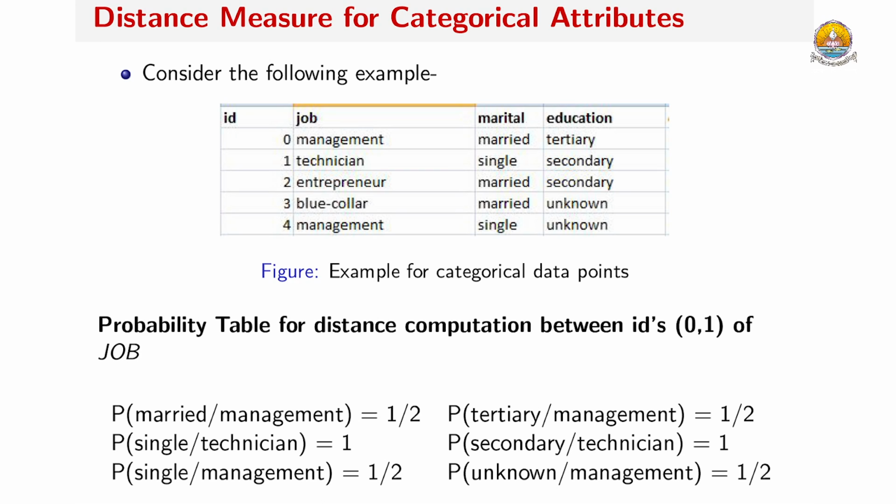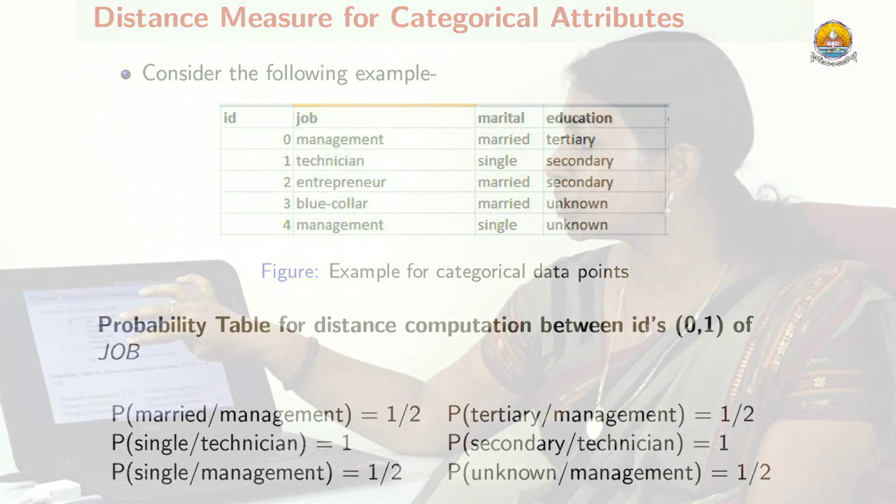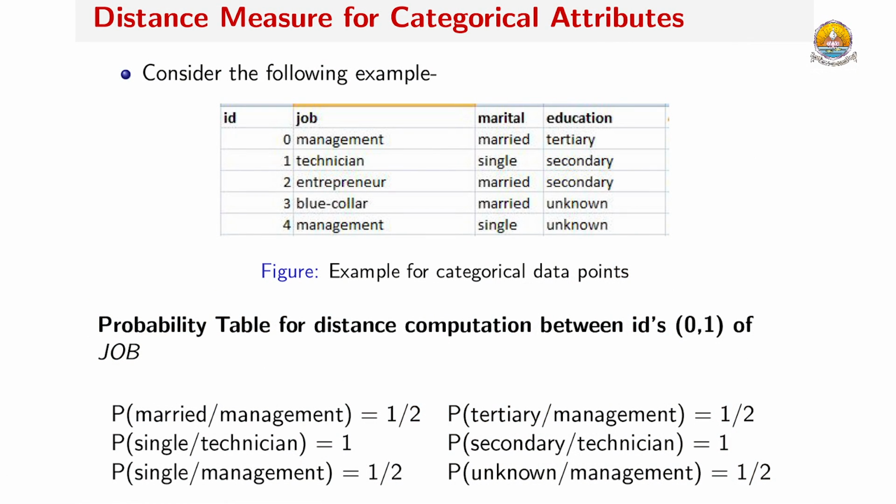What is the probability that married will occur given management? There are two rows wherein the management value is present, and within those two rows only a single row has the married value. So 1 by 2 is the probability that married occurs given management. This is known as co-occurrence.